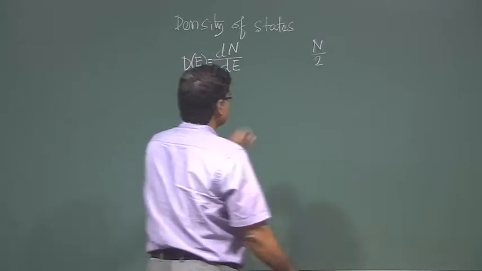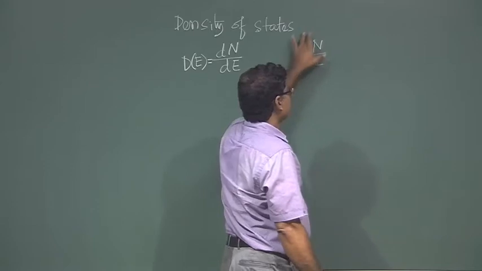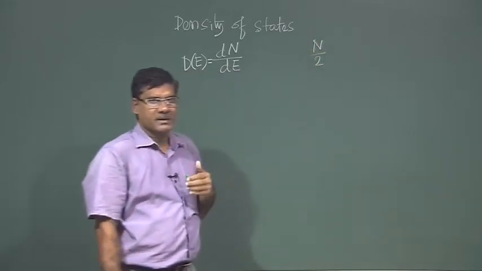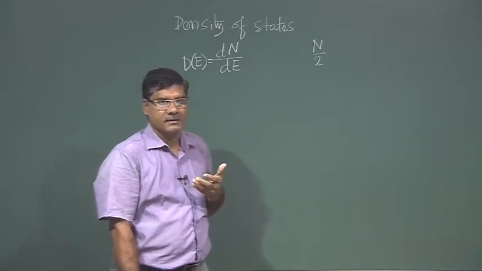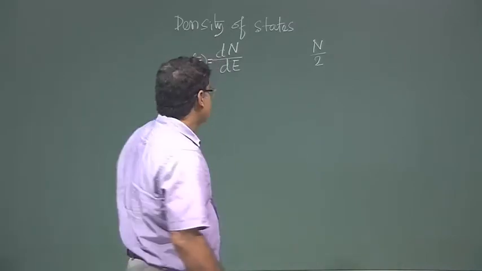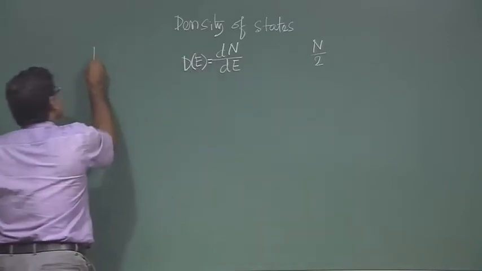So, basically N by 2 is the number of orbitals, but if we consider degeneracy, what is degeneracy and non-degeneracy in quantum mechanics?